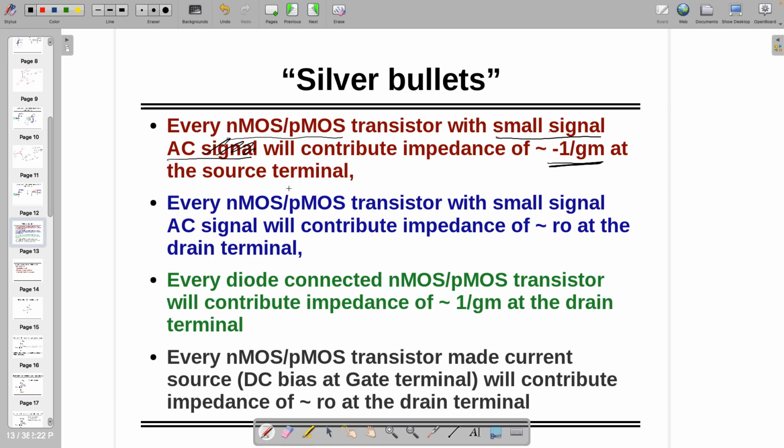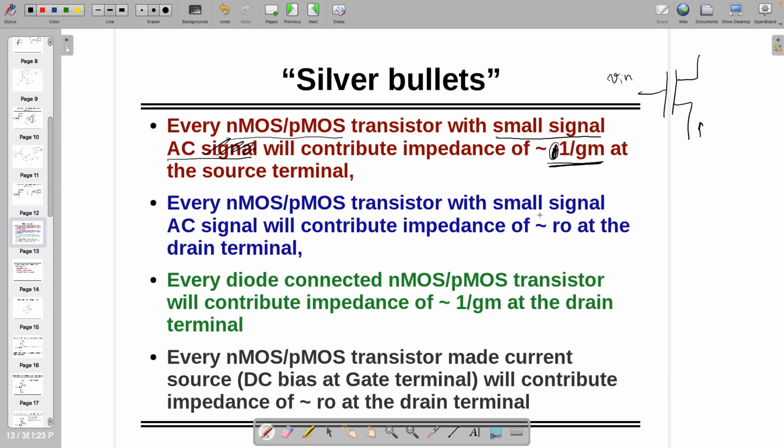Whichever configuration you like, it always gives 1 by GM. I am adding that if the input has to be here and you are looking from here, of course a minus will come, so you have to take care of it. So actually I cannot write this one. It's only 1 by GM. The current flow has to be incorporated in the final equation.